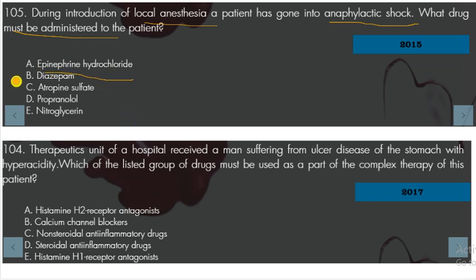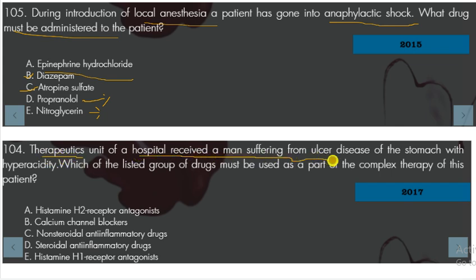Ephedrine, epinephrine hydrochloride, nitroglycerin, a vasodilator used in angina, propranolol, a beta blocker used for hypertension, atropine sulfate, an M cholinergic blocker, diazepam, a benzodiazepine, and an antidote for barbiturate poison, who knows, bemegride.